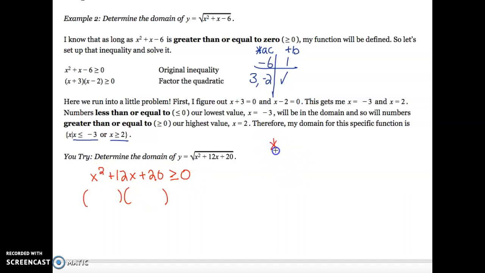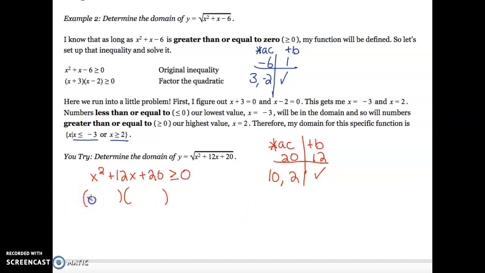And so again, I'm trying to figure out what multiplies to my AC value and then what adds to my B value. So AC is 20 times 1, so 20 right there, and then it has to add to 12. So what are two numbers that multiply to 20 and add to 12? Well, I think of a couple numbers, but this one, 10 and 2, seems to work out quite well.